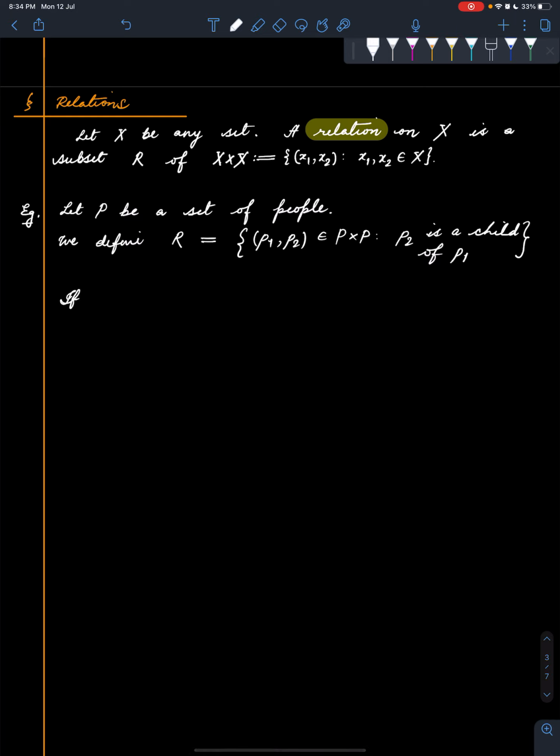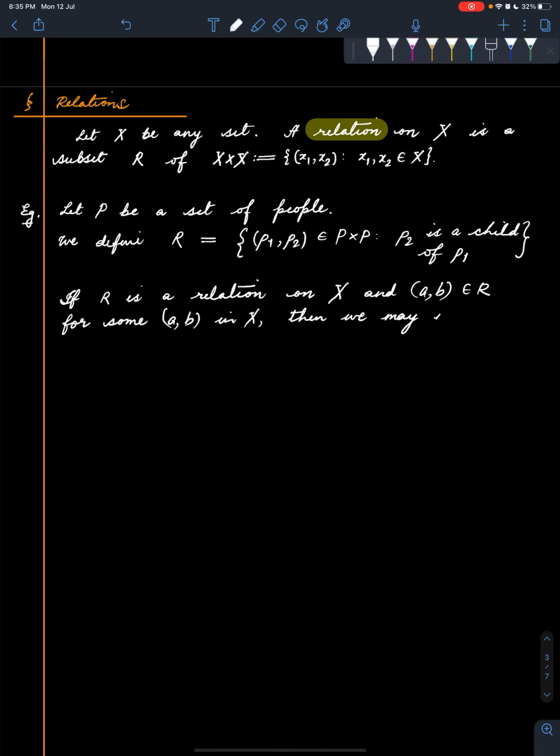So if R is a relation on X, and (A, B) is in R for some A and B in X, then we may write A R B. So instead of writing the pair, this may also be written. It's just a matter of notation.